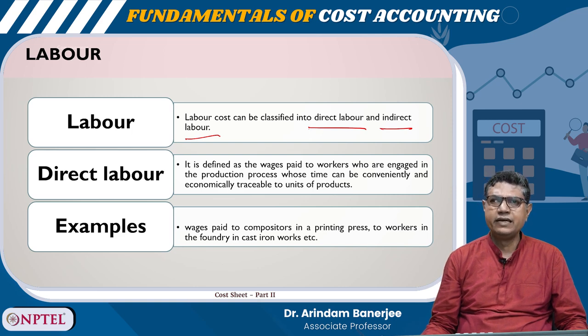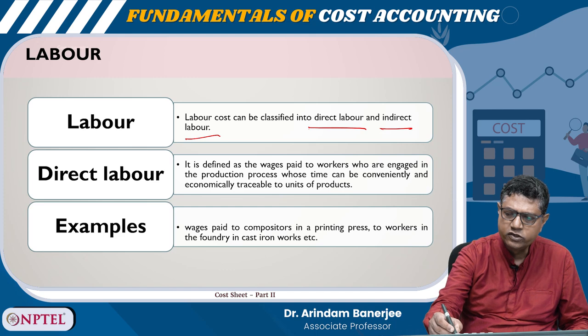So what is direct labor? We can define direct labor as the wages paid to workers who are engaged in the production process, whose time can be conveniently and economically traceable to units of products.